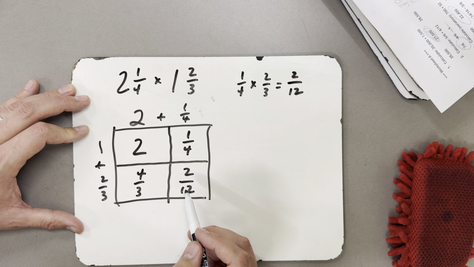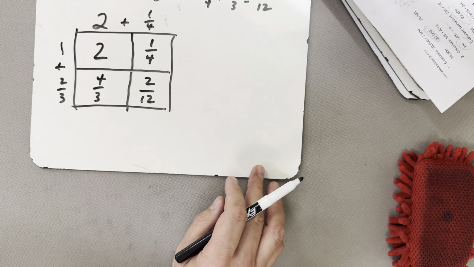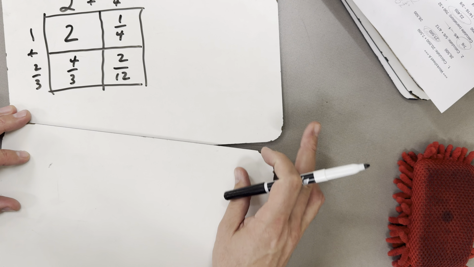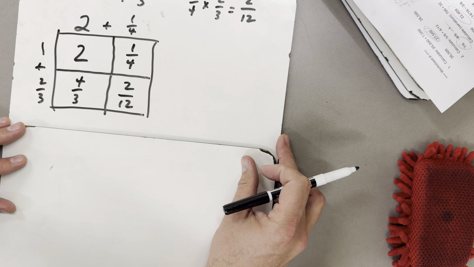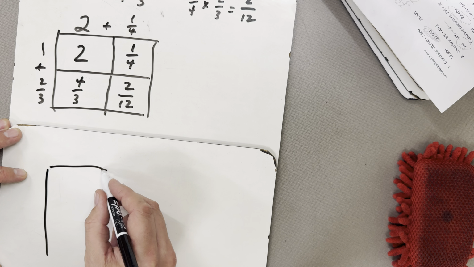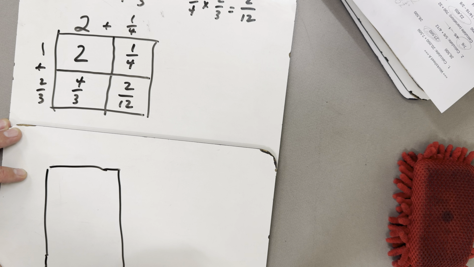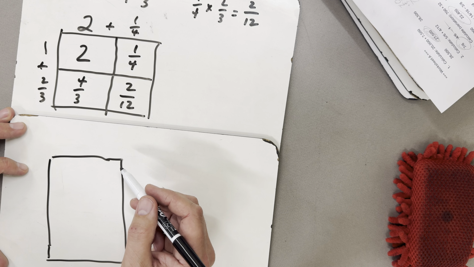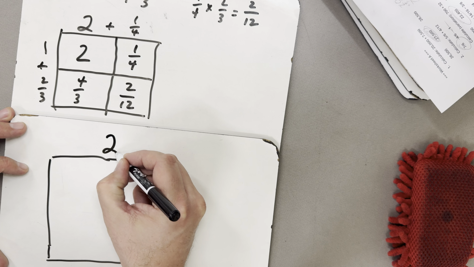I need my magic box. I'm going to actually, this time I'm going to go to a new whiteboard because I think I'm going to need it. See if I can fit all this on the screen. Yeah, here we go. All right, magic box. Does that all fit? Kind of. All right, so this is where I already have a 2. It's not always going to be 2.